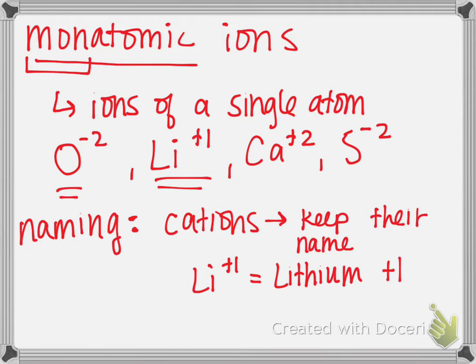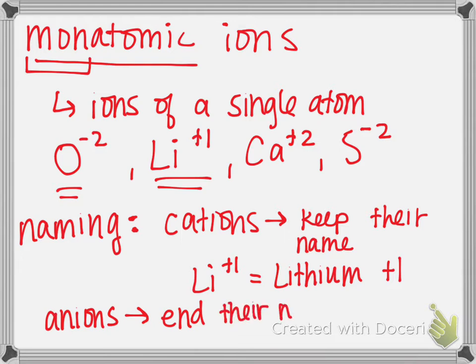But when we're naming a monatomic anion, it works a little differently. Anions don't get to keep their regular name. They end their name with -ide. Okay, so now their name changes a little bit to tell us that we're focusing on the anion version of that atom rather than the neutral version.